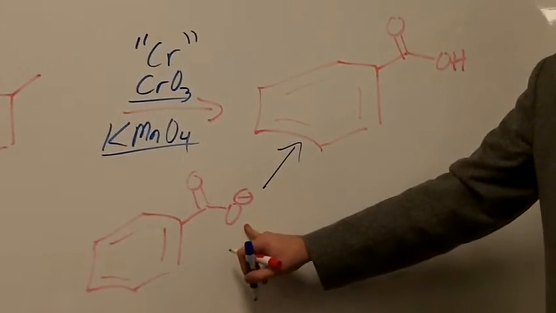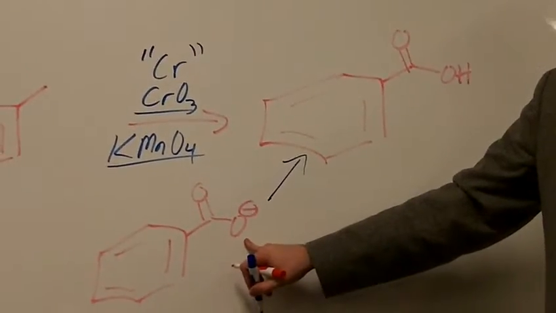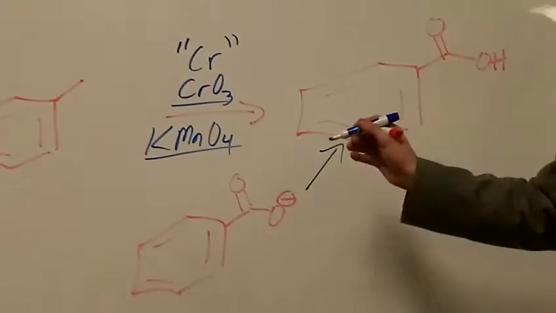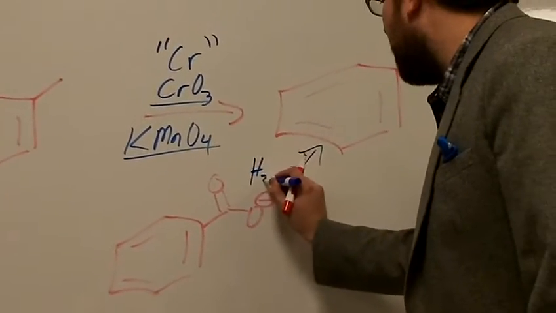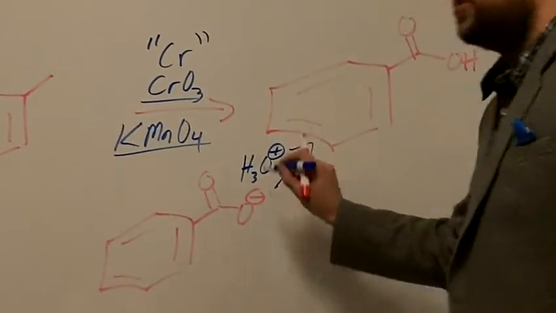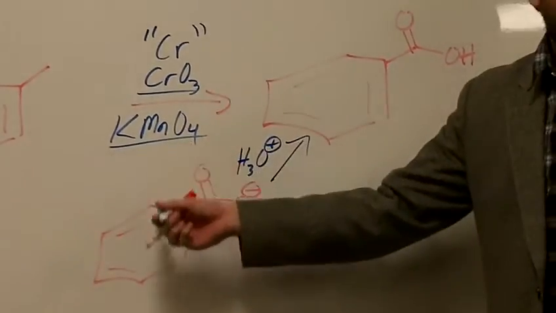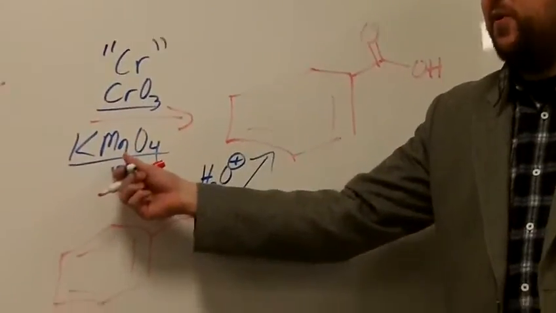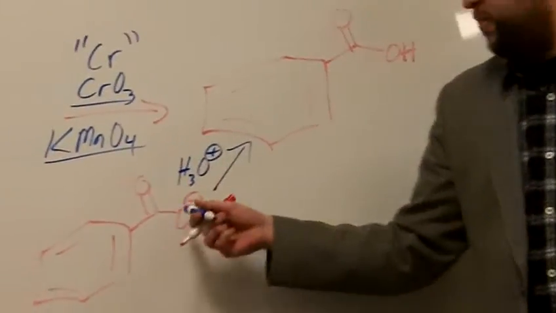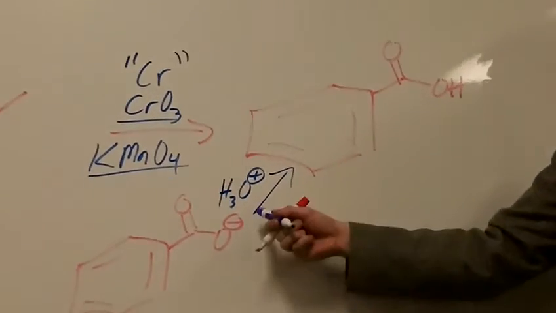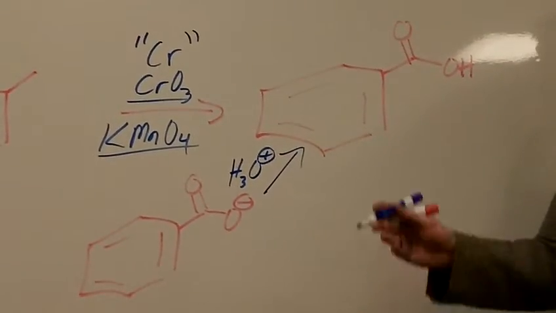Bases are electron rich. So to go from here to here, I need to add something like H3O plus. So in Sapling, one of the final steps after chromium or KMnO4, you need another step with acid, because this is actually the thing you form, and then you need acid to turn it into the non-charged species.